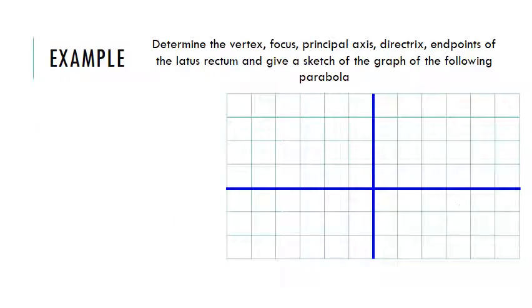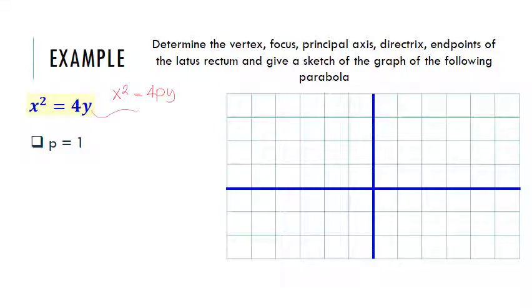Let's have an example. Let us determine the vertex, focus, principal axis, directrix, endpoints of the latus rectum, and let's sketch the graph. So, we are given this parabola, equation x squared is equal to 4y. First, we have to identify p. Remember, parabola is x squared equals 4py.